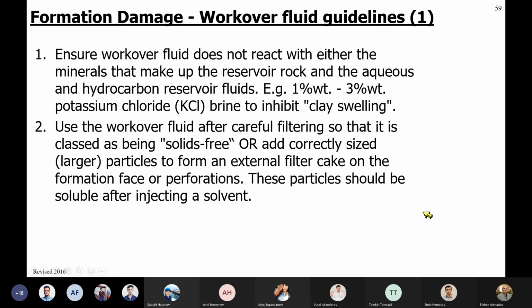So they should be soluble with certain solvents, so we can have clean perforations, clean flow paths in the formation.